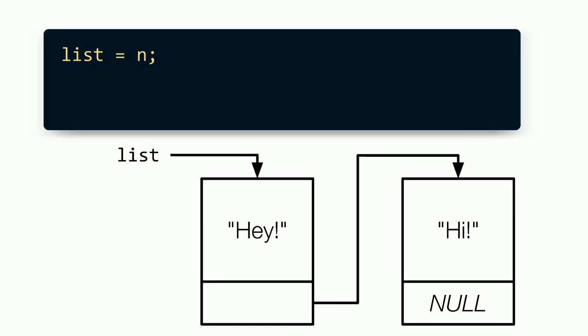So this is how the two of them, or three, or however many, get connected. The list variable, or however you choose to call it, will always store and keep track of our very first node in the list, and all the subsequent ones will be connected through the next attribute, storing the address of the next node in the list. Okay.